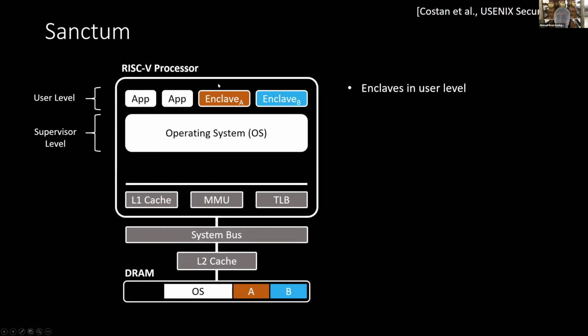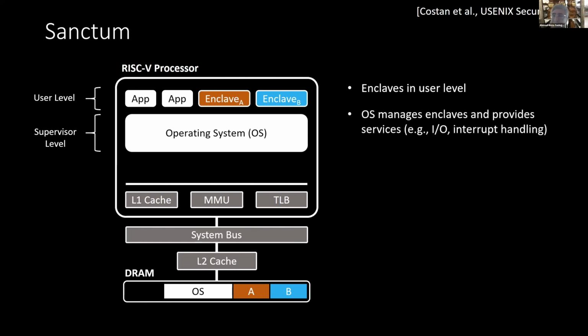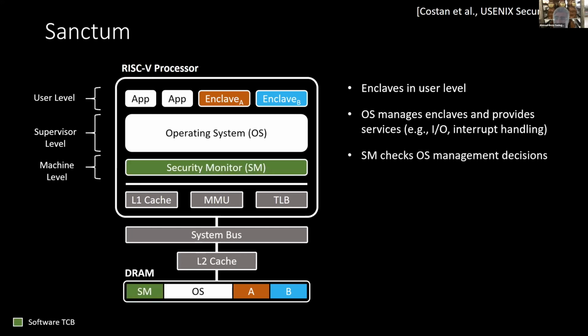As you see, it's like a user space app running on top of the operating system. So an OS manages the enclave. There is a security monitor, a high privilege, very small amount of code that checks the OS management decisions. And there is custom circuitry, the memory management unit, that does access control. As you see here, enclaves A and B are completely isolated in hardware, and then they can run their security critical applications.